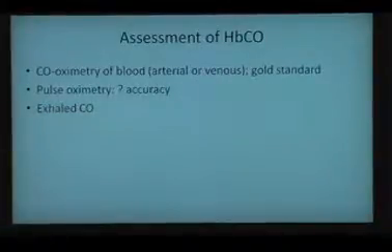So then how could we assess carboxyhemoglobin? Well, the gold standard is to do co-oximetry of blood, either arterial or venous blood. Arterial and venous carboxyhemoglobin levels are very similar. What you may or may not know is that there are now pulse oximeters on the market that will measure carboxyhemoglobin.